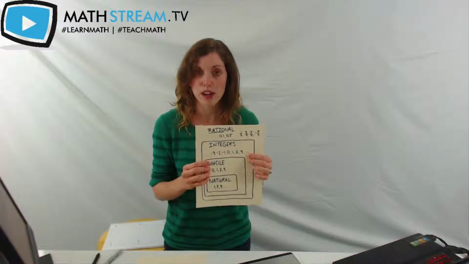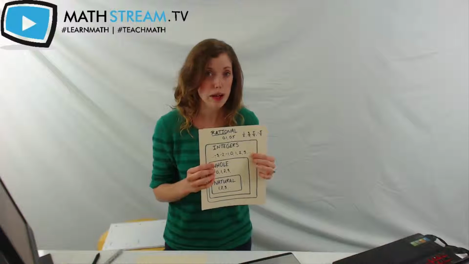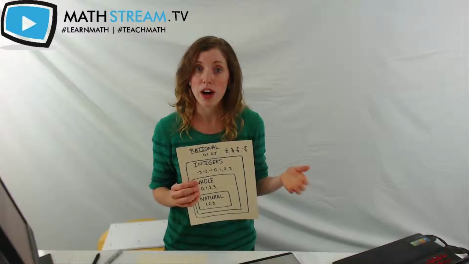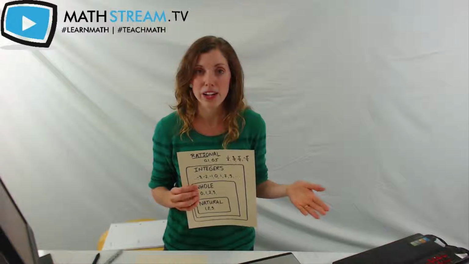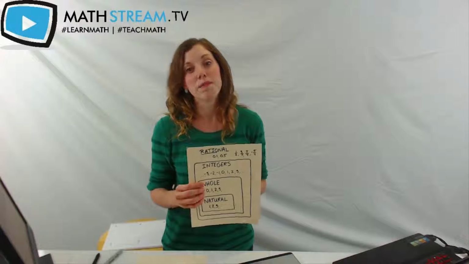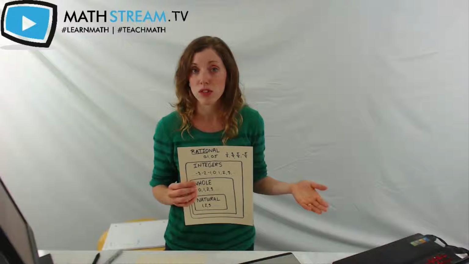All right, so this is almost all of our numbers, except if you think about it, not all numbers can be written as ratios. Think, for example, of the number pi, right? 3.14159 and so on and so forth, right? There's no way to write the number pi as a ratio.